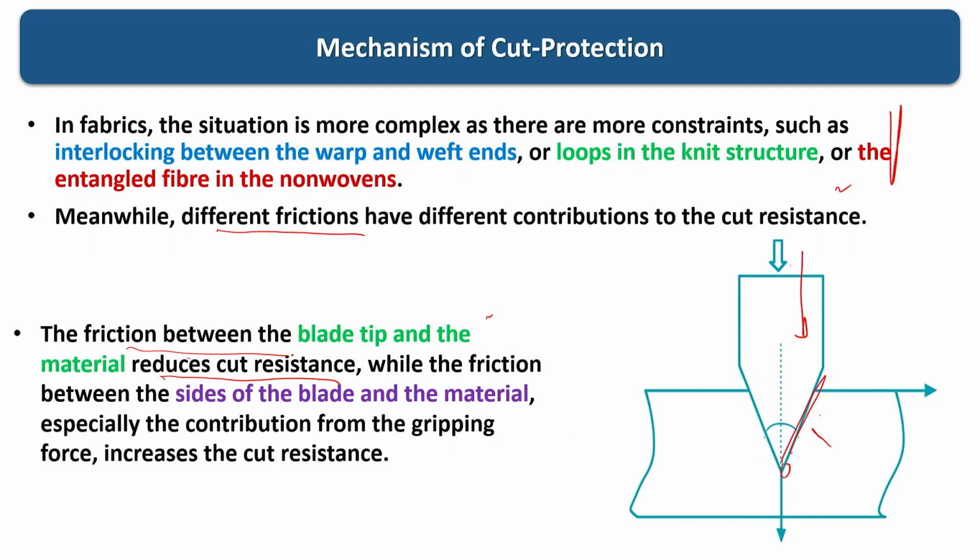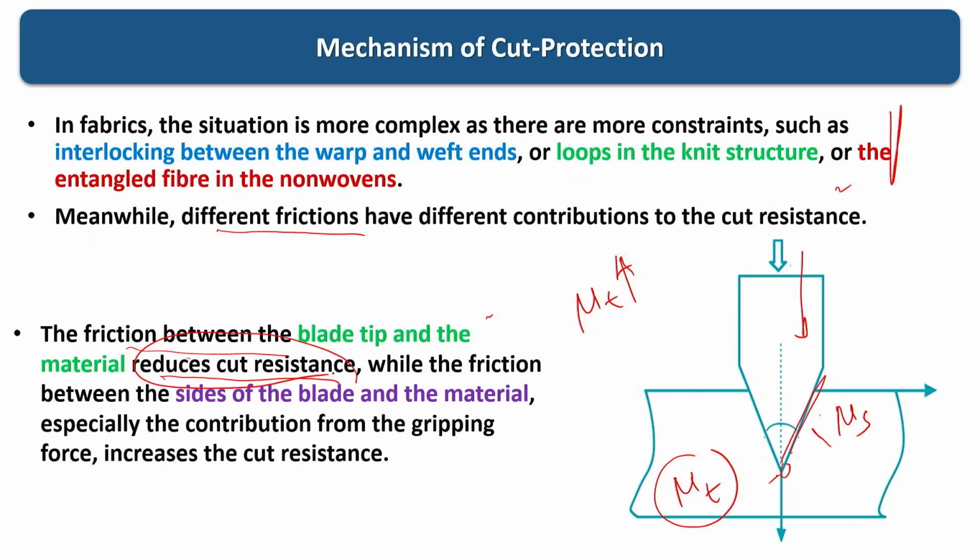Okay. Suppose mu t is the friction between the blade tip and the material, and mu s is at the side. If mu t is higher, what will happen? The material will cut easily due to the sharp object. So, that will reduce the cut resistance.